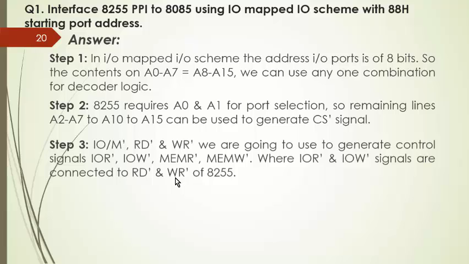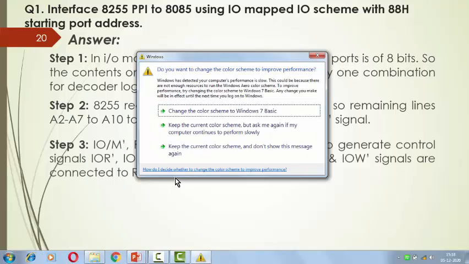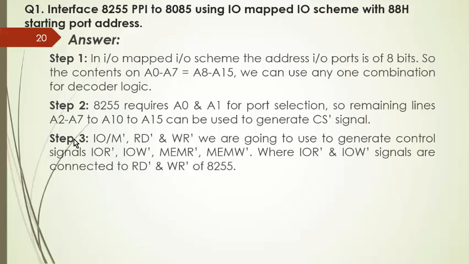Then the third step is to generate the different control signals. In this case we are going to generate IO read bar and IO write bar control signals. To generate these two IO related control signals, we use three signals, IO/M bar, read bar and write bar, as input to the 3 to 8 decoder to generate the control signals IO read bar, IO write bar, memory read bar and memory write bar.